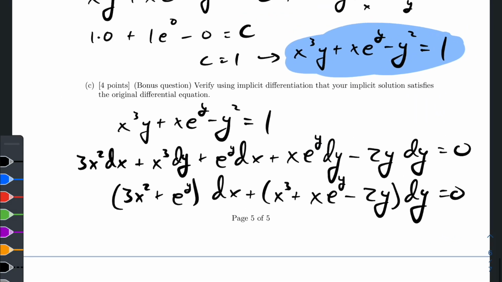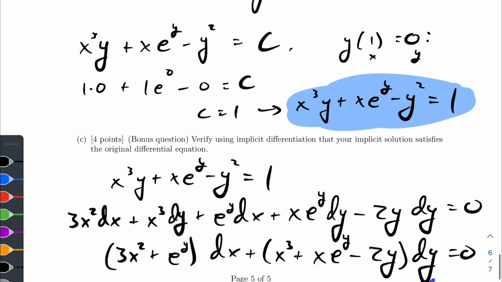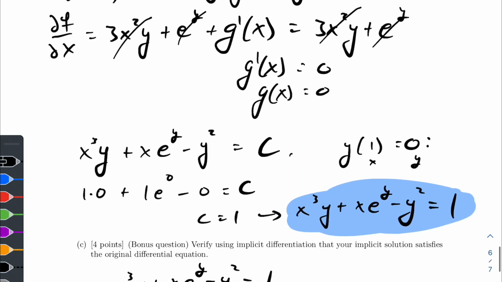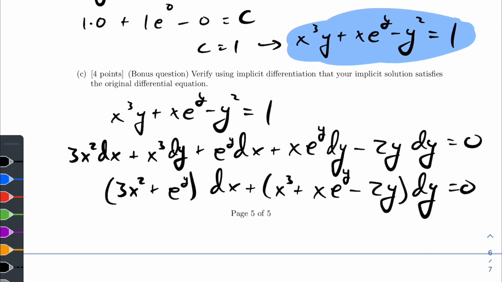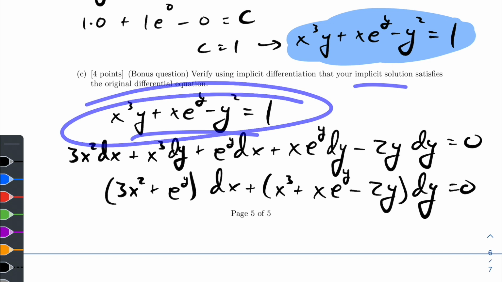So yeah, that's it. I was kind of nitpicky last semester when I was grading this. Some people just showed that the left-hand side is the differential of the function f, which is a good way to check your work, but it's not the same as doing implicit differentiation on an equation.